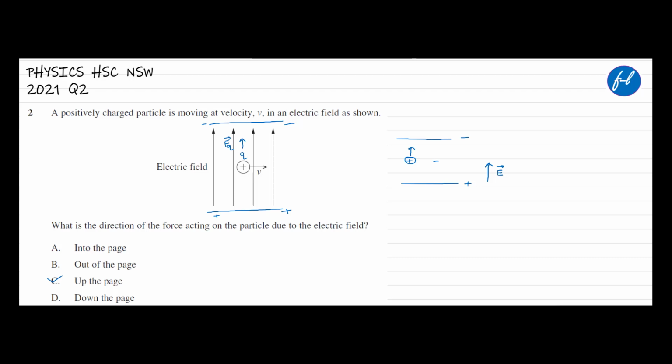And if there is a negative charge, say for example an electron over here, then the force will be in the downward direction.